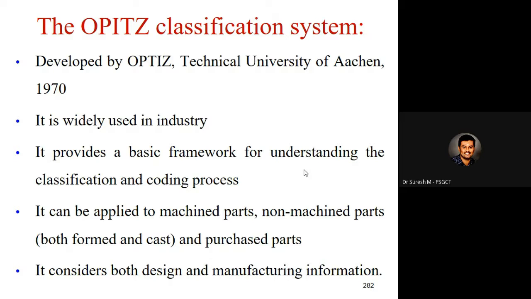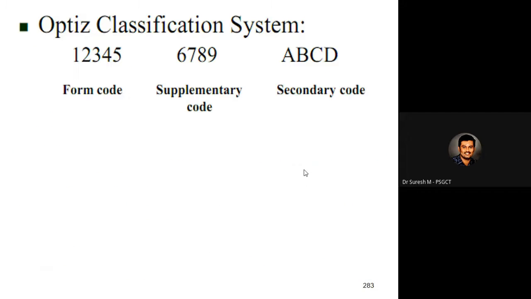Normally this is a 9 plus 4 digit, so a 13 digit code system. The first 5 digits are for form coding, the next 4 digits are used for supplementary coding, and the letters are used for secondary coding. All of these coding systems deal with manufacturing information as well as design.